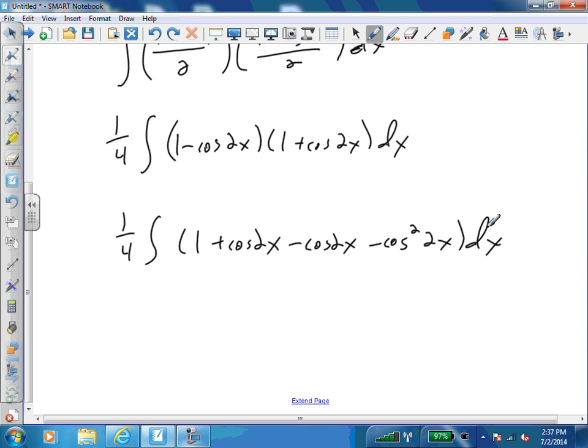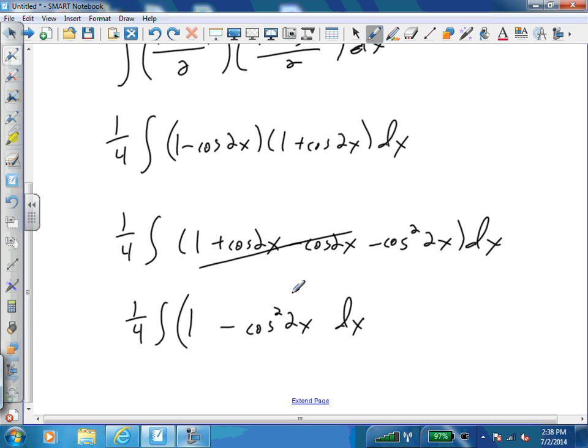Make sure I'm doing this right. So those cancel. That gives us 1 minus cosine squared 2x dx.